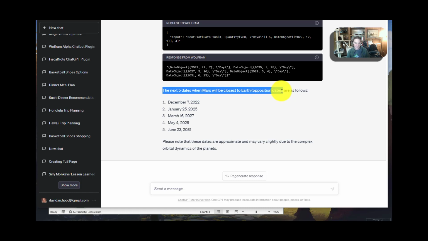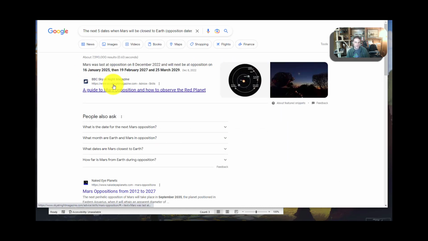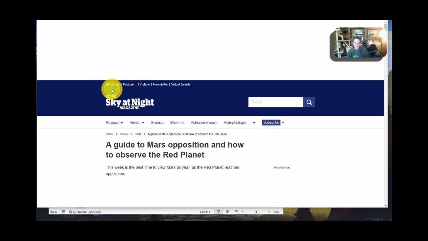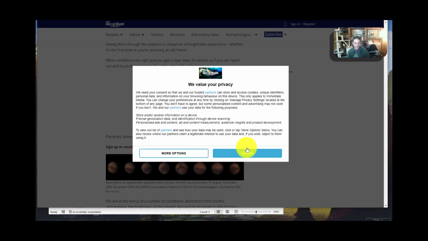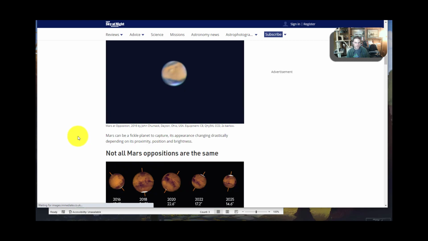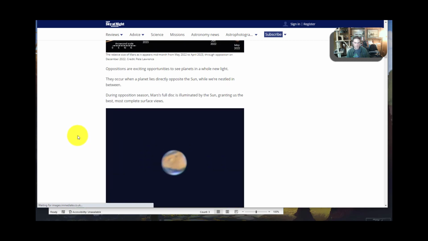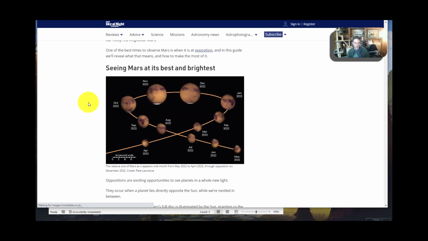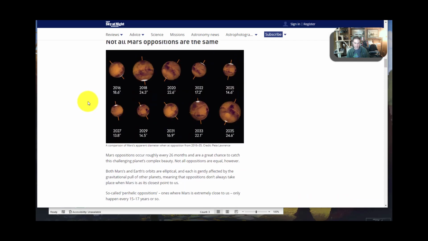Let's actually check this answer. No, that's its opposition dates. So 2022, 2025, 2027, 2029, 2031.